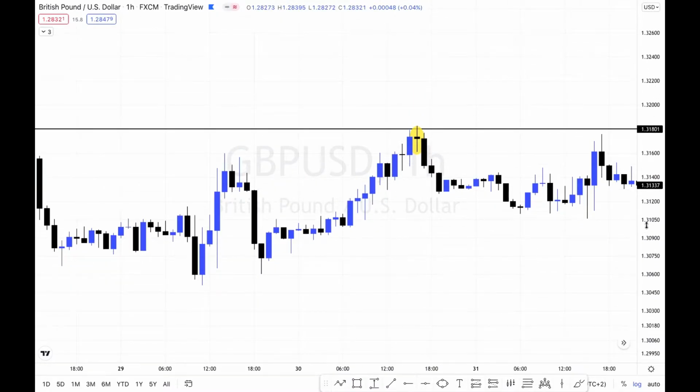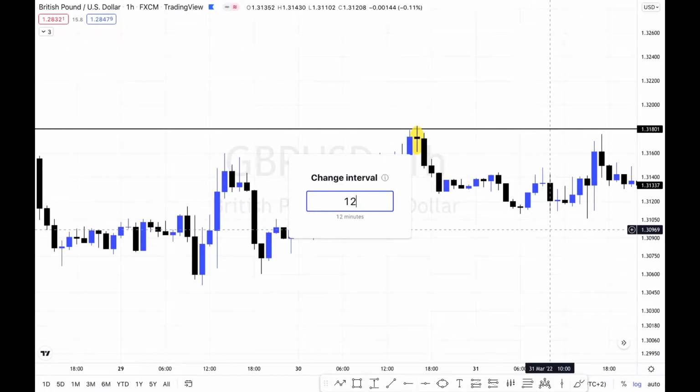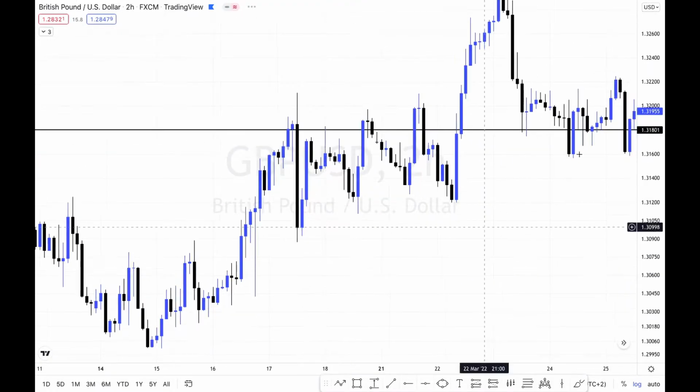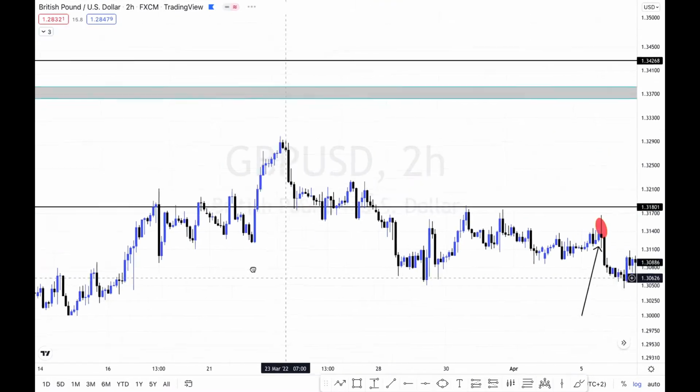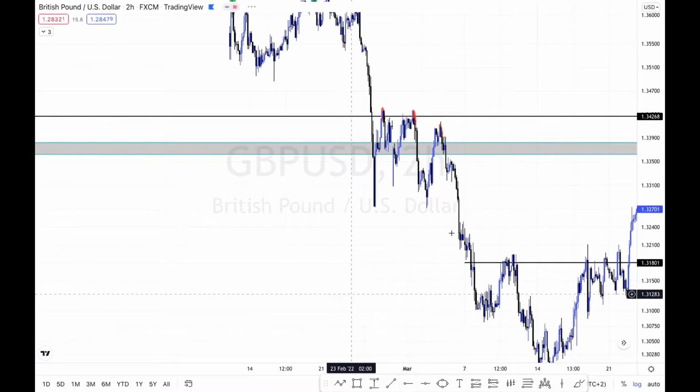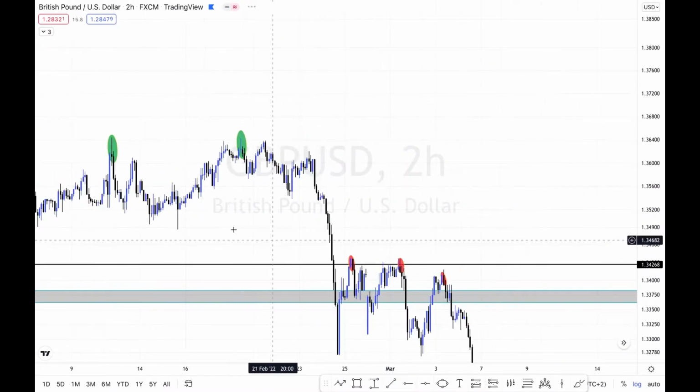So now let us look at gravestone dojis. Let me find the gravestone doji. Bear with me. Yeah.